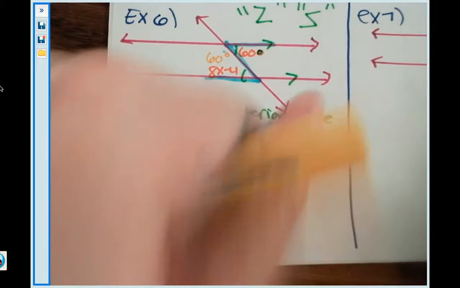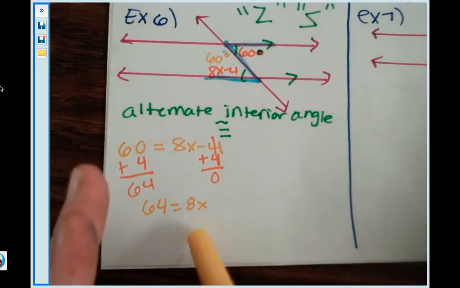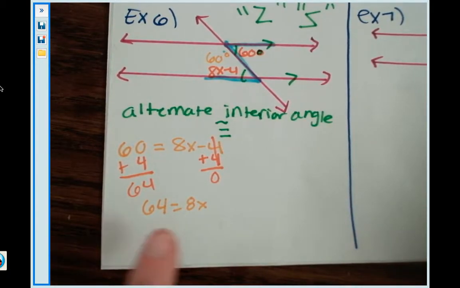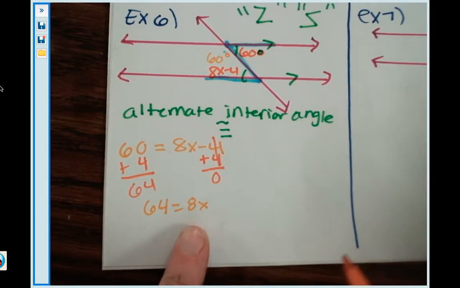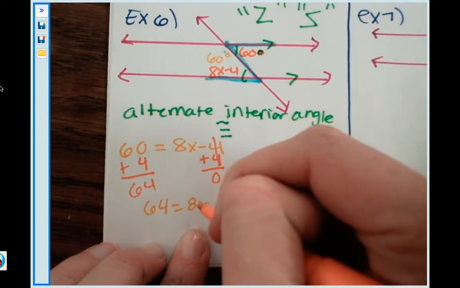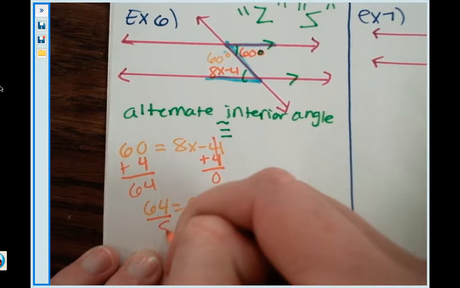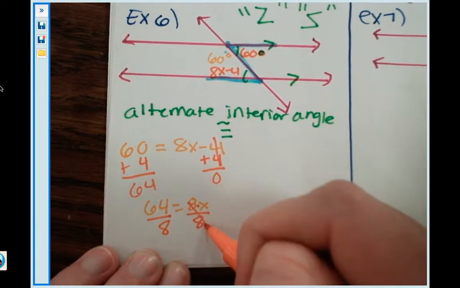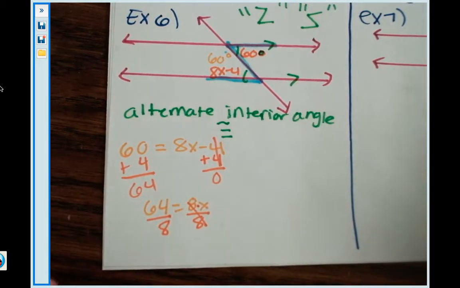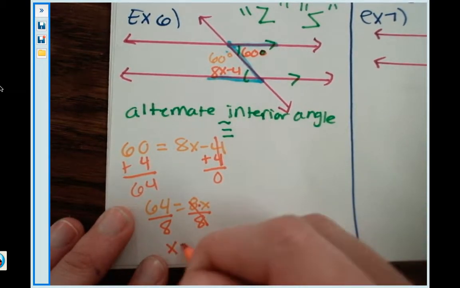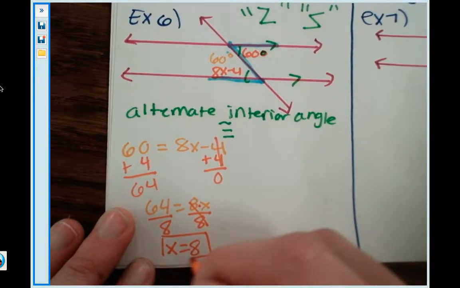We're so close to solving for x, but I need to move this 8 to the other side. How do we move this 8 to the other side? You would divide because the 8 is secretly multiplying. So we're going to divide both sides by 8. 8 divided by 8 cancels and turns to 1, and 64 divided by 8 is 8. So we end up with x equals 8.